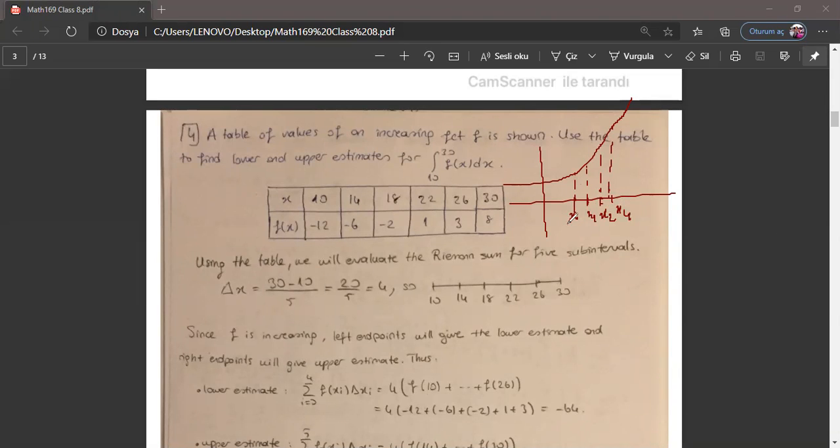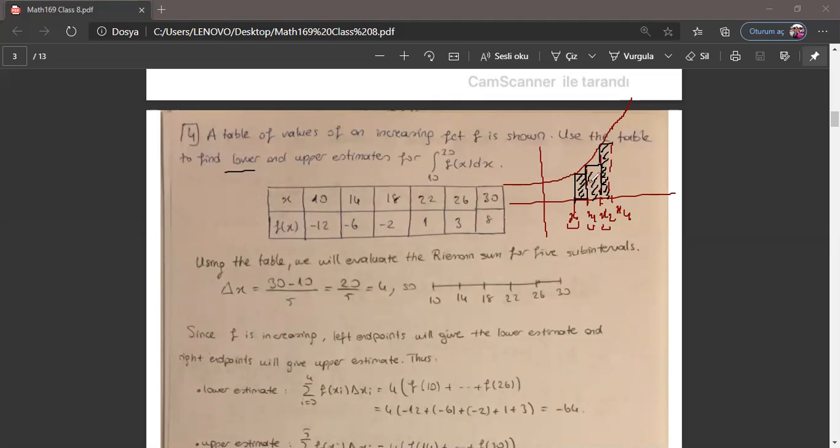If you take the left-hand points of the subintervals, what will we get? So for the lower estimation, we will take left-hand points. Why we take left-hand points, I'm explaining it. So here we have this, and finally this.